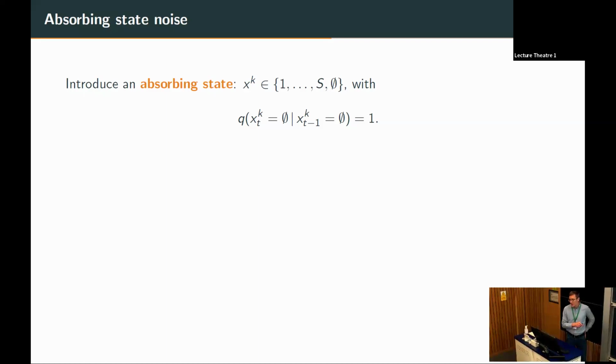So you can think about this as, when we apply this noising process, you take a sample and then randomly mask out the different coordinates of the x vector until we're left with just the completely masked sample.